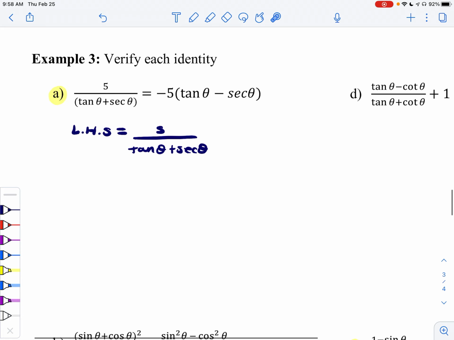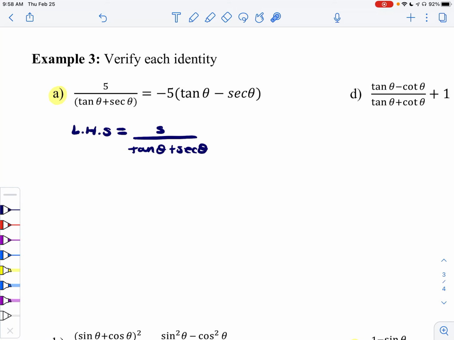Now, the reason why I think this might be a helpful technique in this particular situation is because the conjugate of tangent plus secant is tangent minus secant, which is exactly the factor that we want to get to on the right-hand side. So it's because I see that conjugate on the right-hand side that I think it might be a useful technique to multiply by the conjugate in this case.